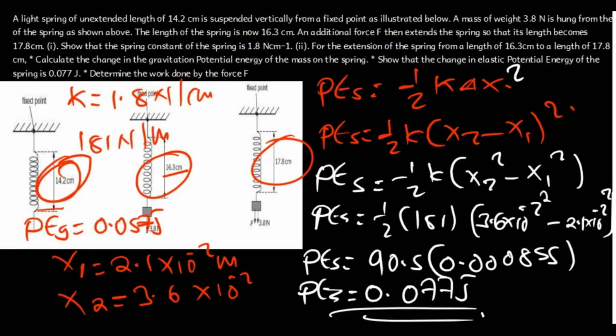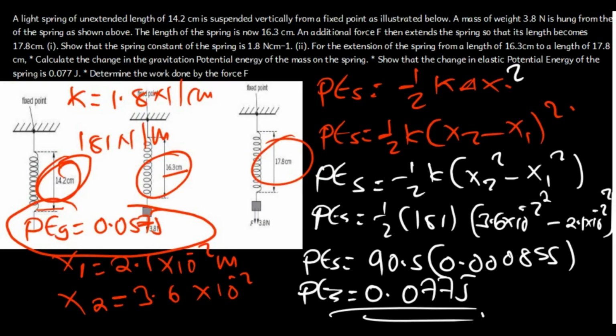So to determine this work done by the force, it's the same as what we have found. Remember, we have found the work done, which was done by the force, which is 3.8.